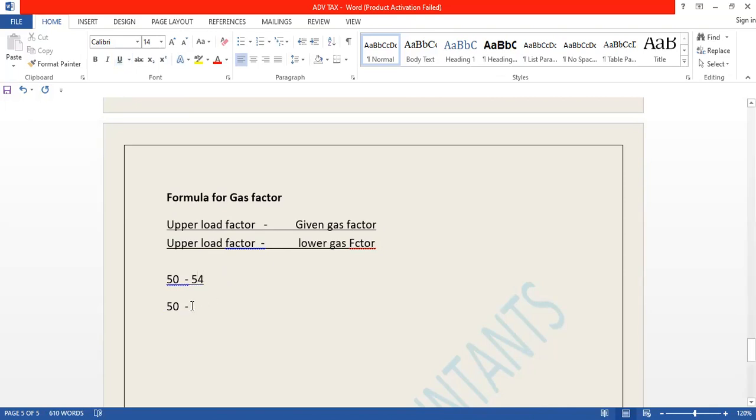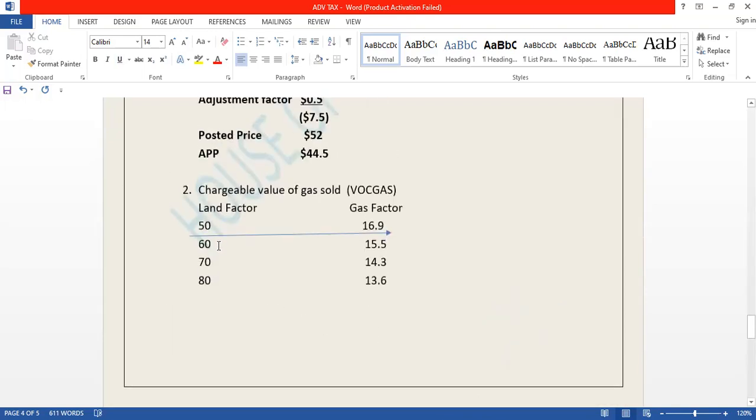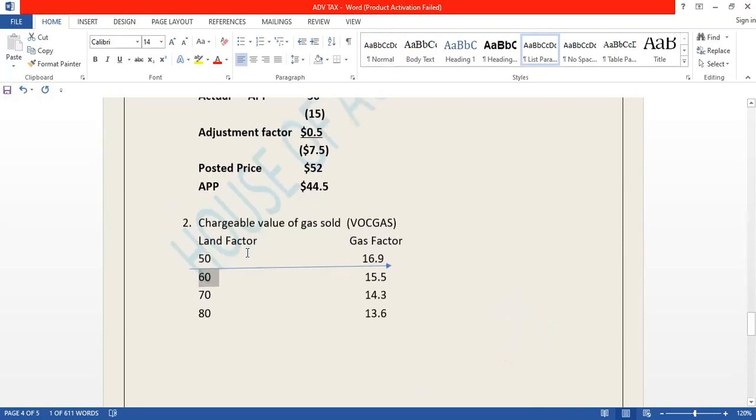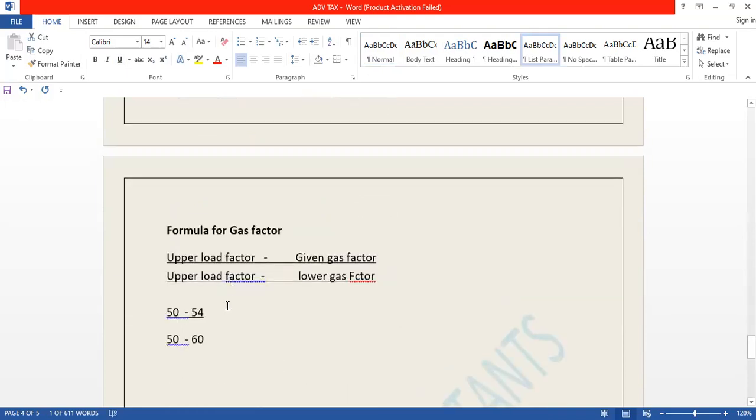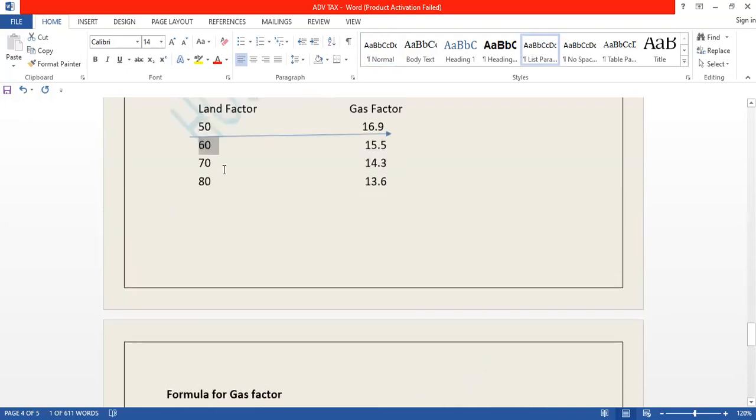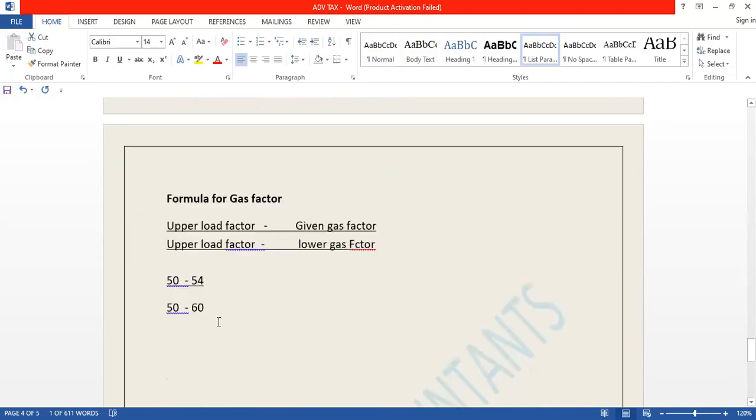Giving factor, and also the lower factor here will be 60, as we have in the question. This is upper factor, this is lower factor, and the given factor from that question was 54, and then the upper one is 60.